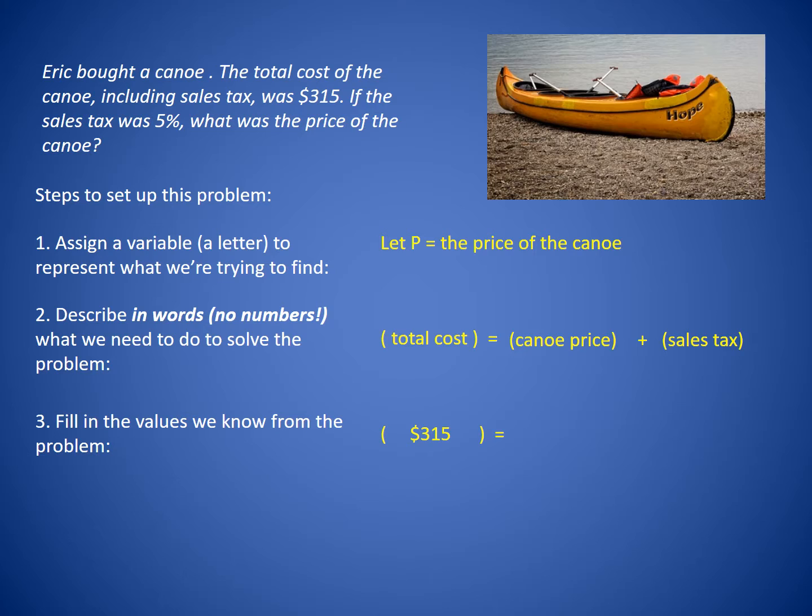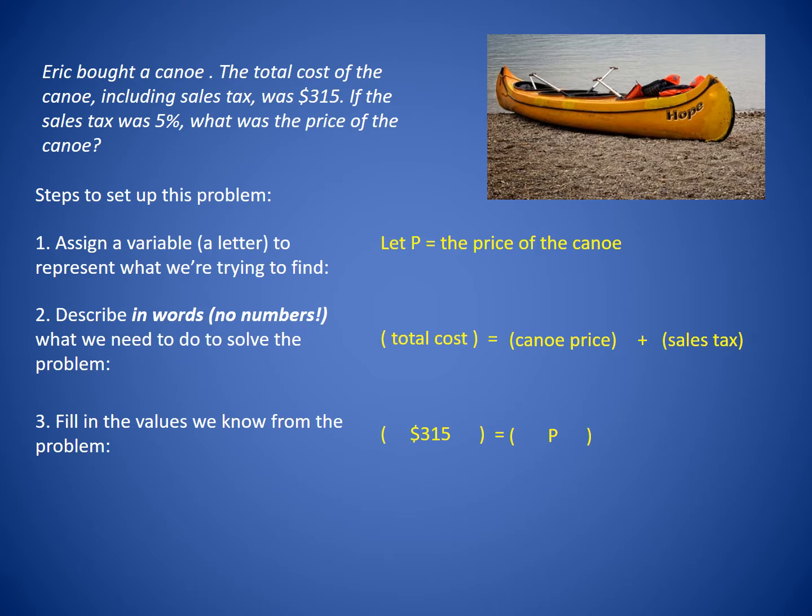The canoe price, if we look in the problem, we see that's what we're trying to find, right? That's what we're trying to figure out. And in step 1, we said we're going to represent the price of the canoe by the letter P. So here, instead of writing the canoe price, we're just going to write the letter P. Now we'll have to add the sales tax to it. And remember, just like in those other problems, the sales tax is always calculated by taking a percent of the price of the item.